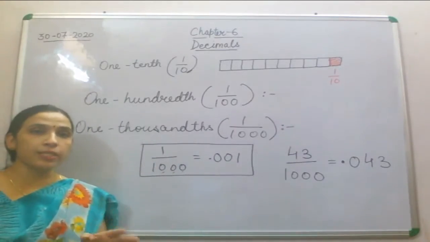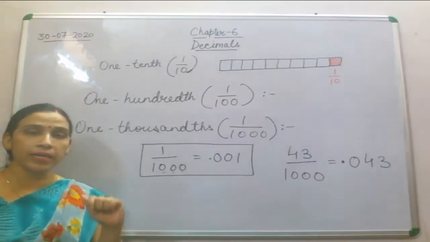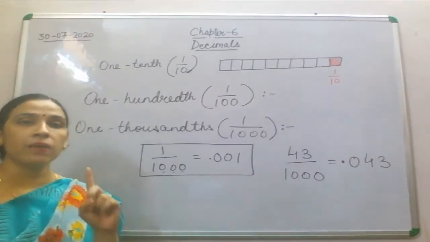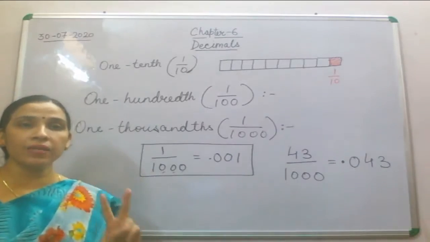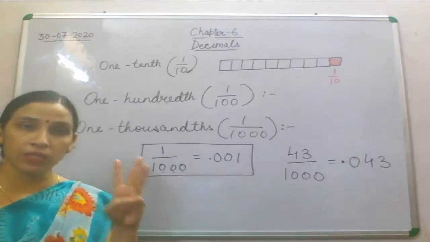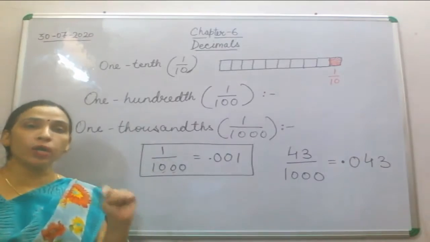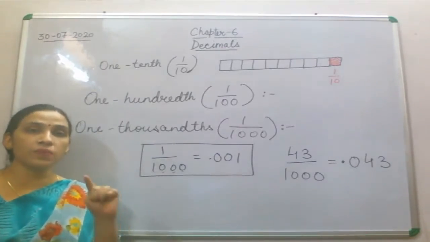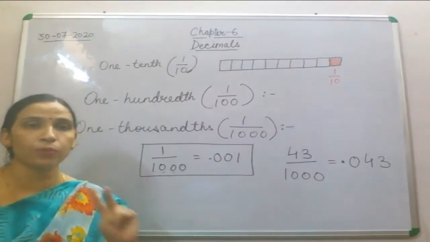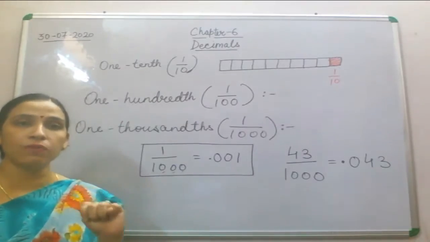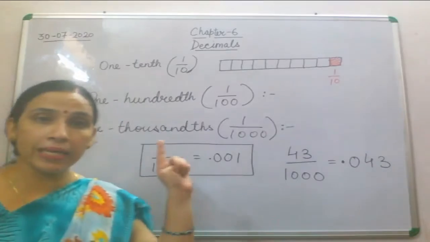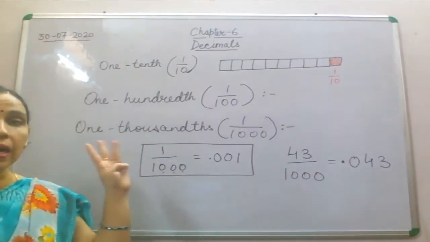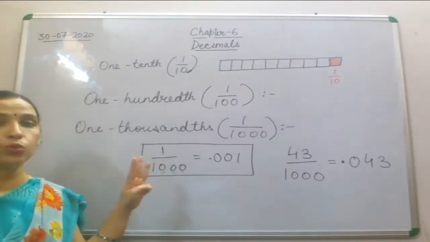If we have 1/10th we have 1 decimal place, if we have 1/100 we have 2 decimal places, if we have 1/1000 we have 3 decimal places. So according to that decimal place we are going to answer the question, or write it in number names. So I hope 1/10th, 1/100th and 1/1000th is clear to you all.